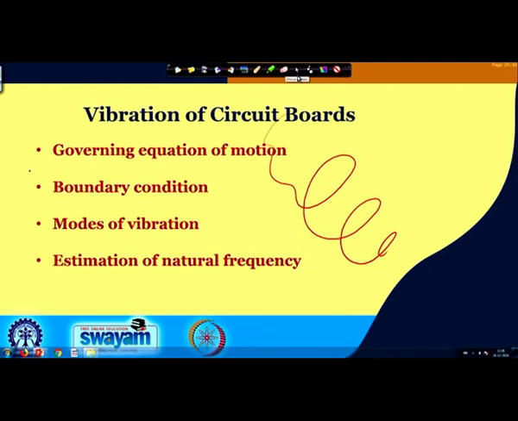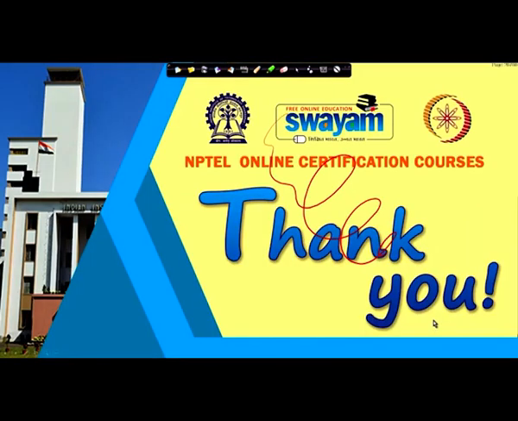So, in this lecture you have seen how to calculate the natural frequency of the system, for the printed circuit board, that is a continuous system, and for axially loaded members, which is the lumped parameter system.